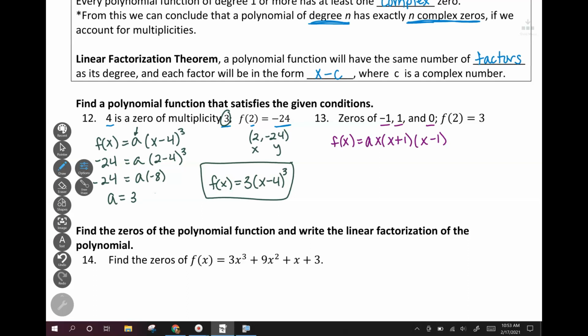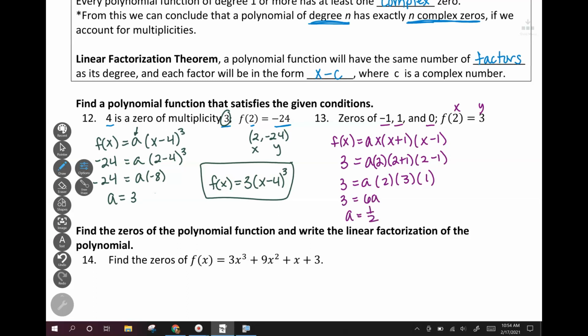Now I can plug in my 2 for x and my 3 for y to solve for a. Okay, so that gives me 3 equals 6a, so a equals 1/2.